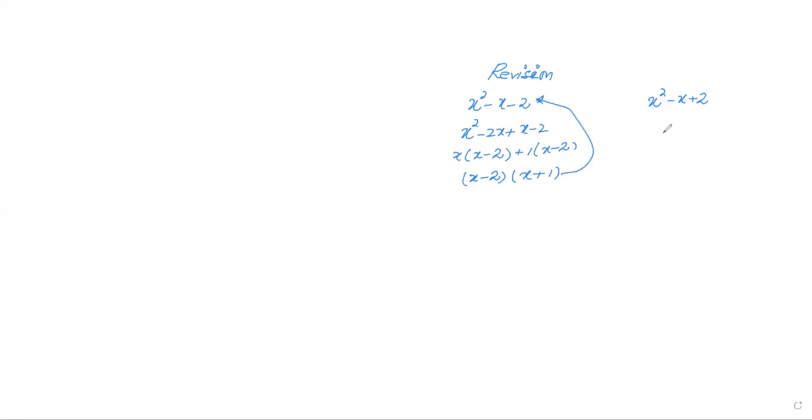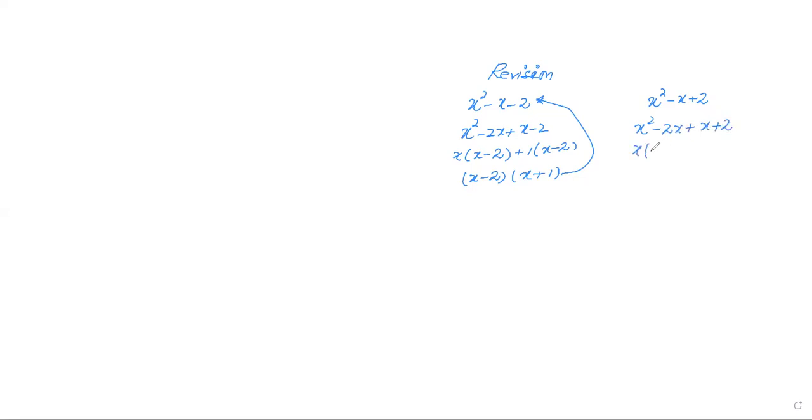But in the second case, there are no factors of 2 whose product is 2 and whose sum is 1. If you write x square minus 2x plus x by mistake, it will be wrong. How?